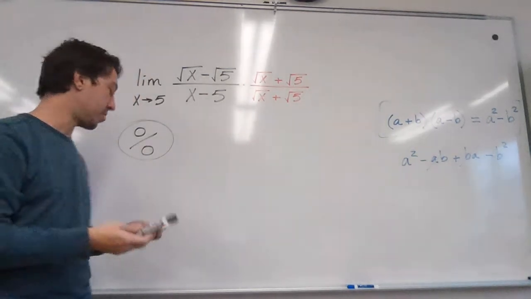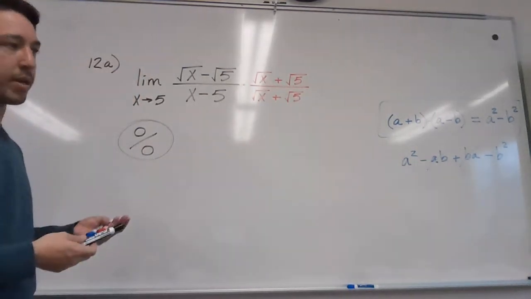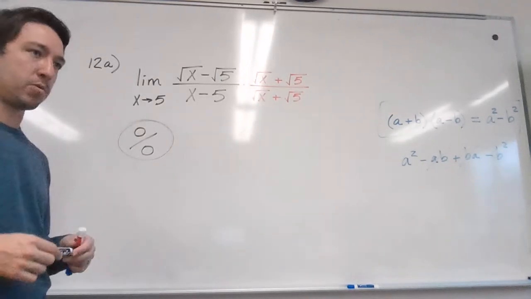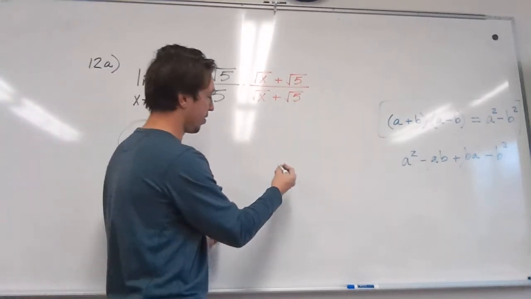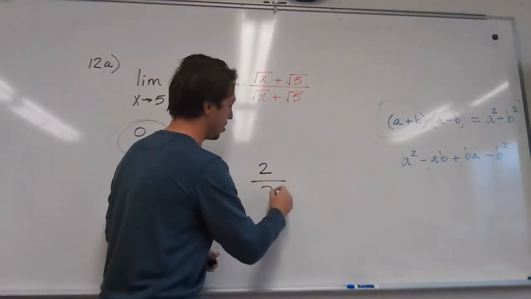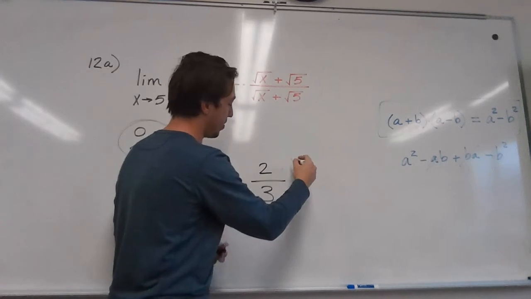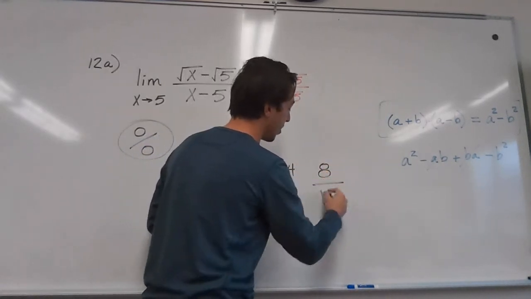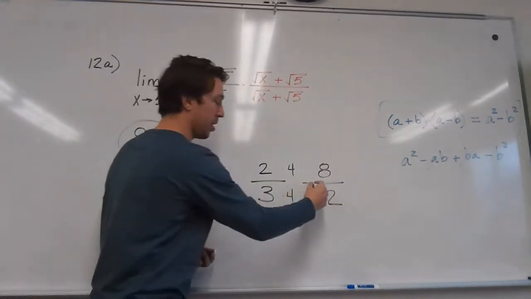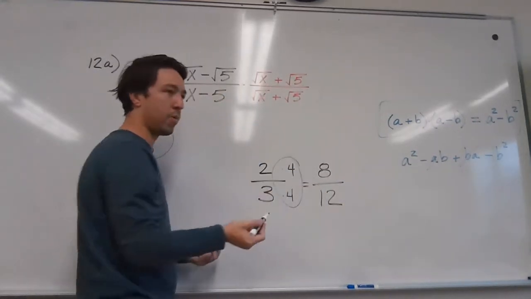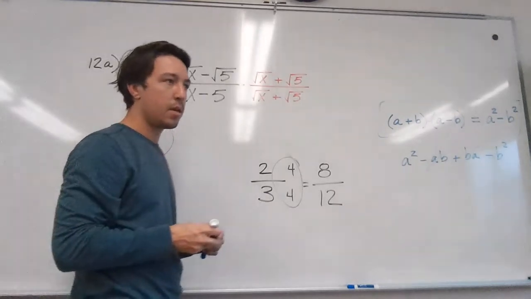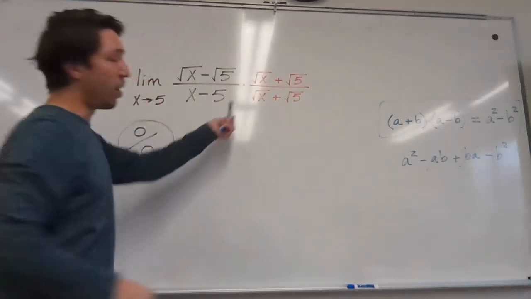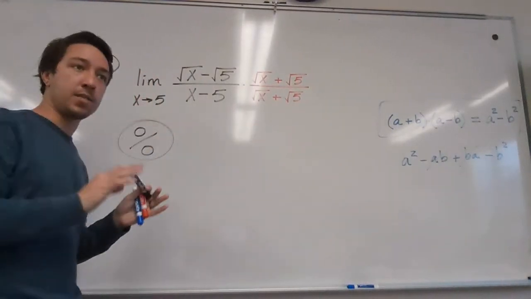By the way, guys, when you're doing algebra, a lot of the time what you're doing is really analogous to simple stuff you did back in elementary school or middle school, like the fraction 2/3. Could I multiply the top by 4 and the bottom by 4 and write that as 8/12? Yeah, of course, because you just multiplied your fraction by 1, so that's okay. So that's all we're doing here. We're multiplying our fraction by 1 in a really sneaky way that's going to do something.